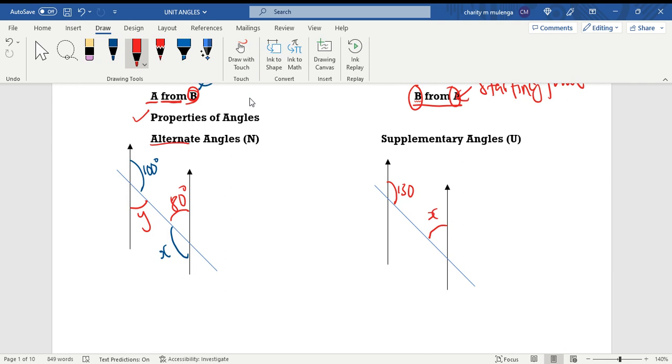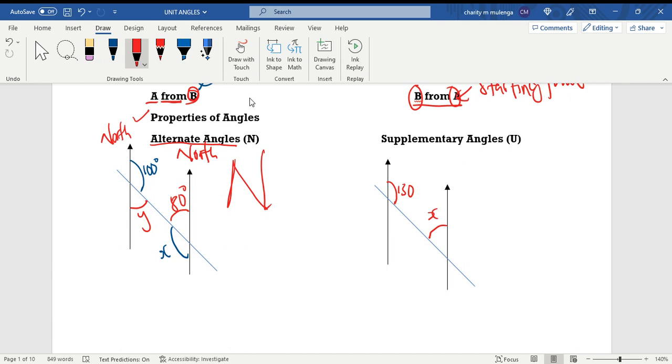Now, we have a property called alternate angles. You're going to realize that the moment two north lines have been sketched, there is a letter that is being formed. The most common one that we can all see is the N shape.